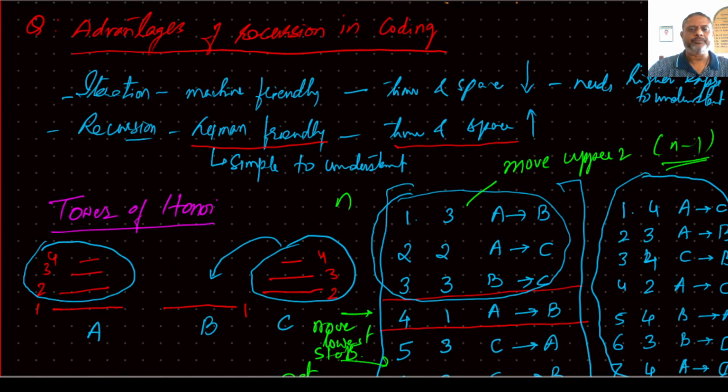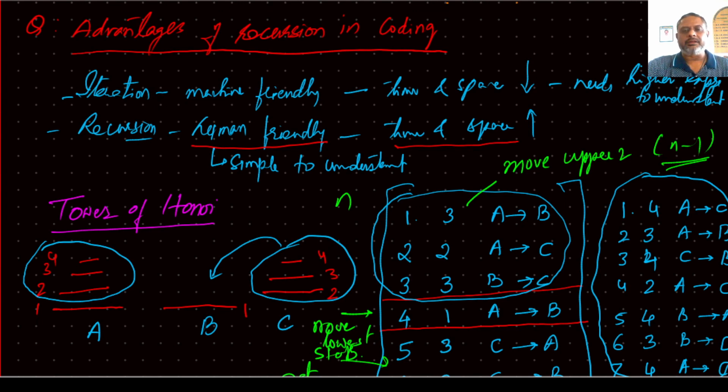Yes, to understand the logic, to verify whether it works correctly or not, we can go for recursion in simple cases. But if the case is too complicated, then time and space should not matter. We should implement through recursion only.